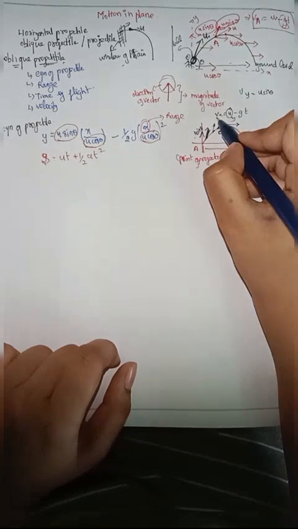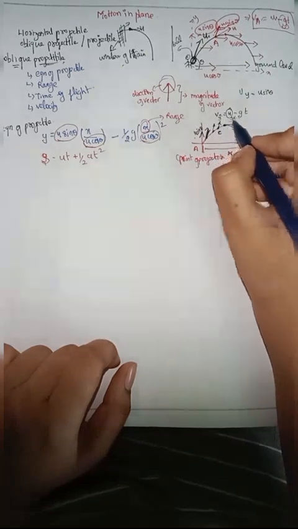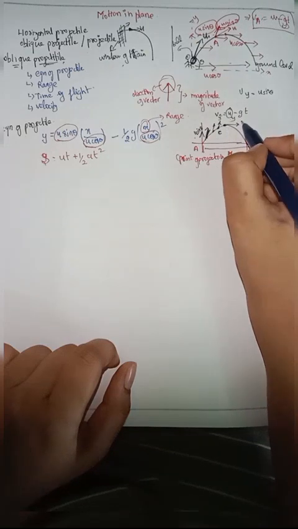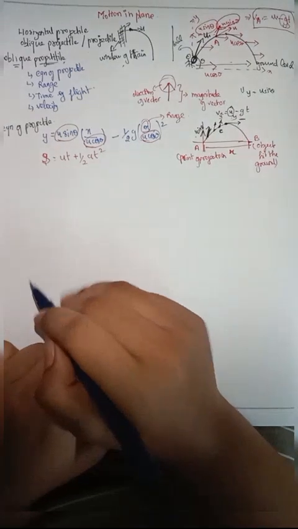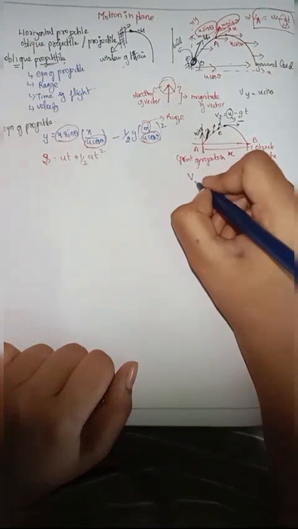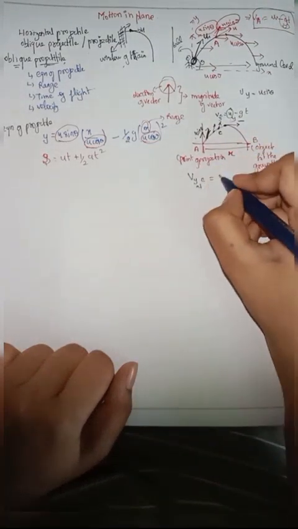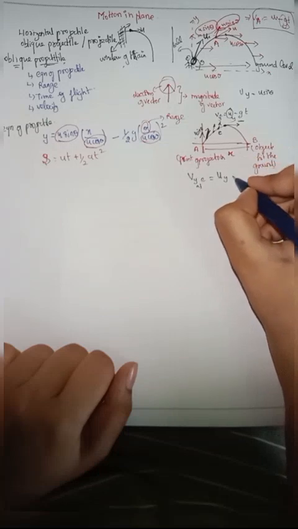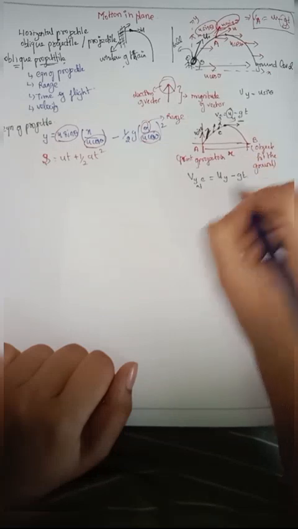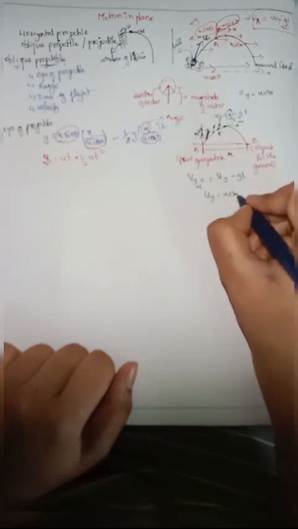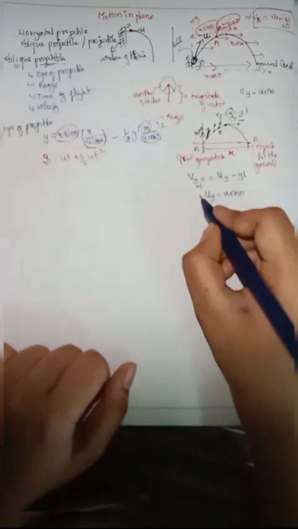But the velocity at the y component at C depends upon u y minus g t, so it depends upon gravity. The velocity at the y component at C equals the initial velocity at the y component minus g t, where u y equals u sin theta.